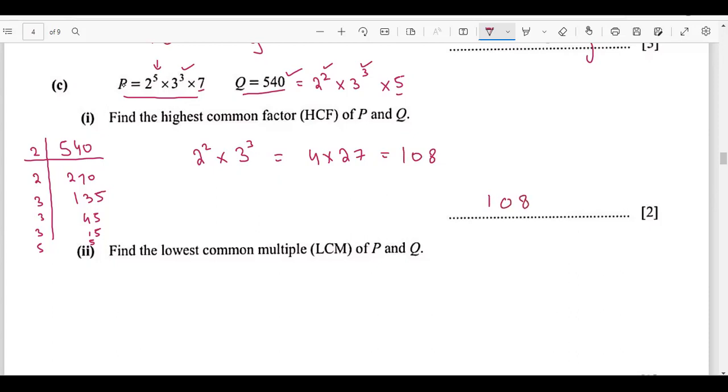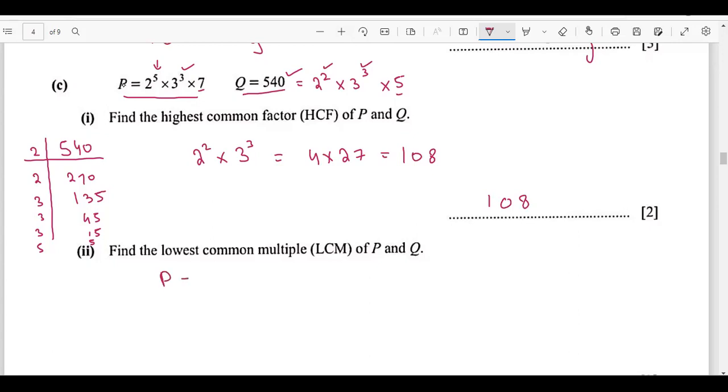Now we are interested in finding out the lowest common multiple. For the lowest common multiple, we are writing down the common factors once only, and the repeated ones, and then the uncommon ones as well. So we are basically writing down both of them. Let's write it down.